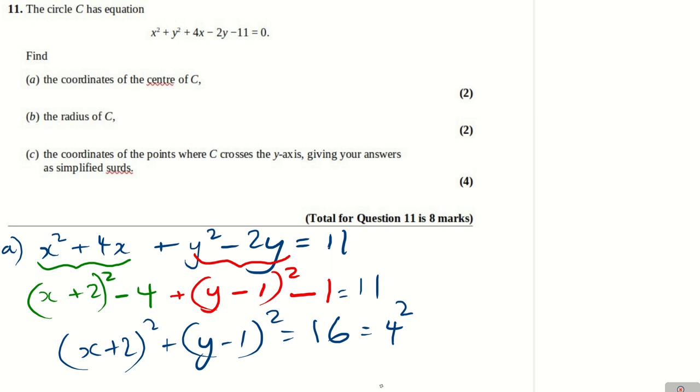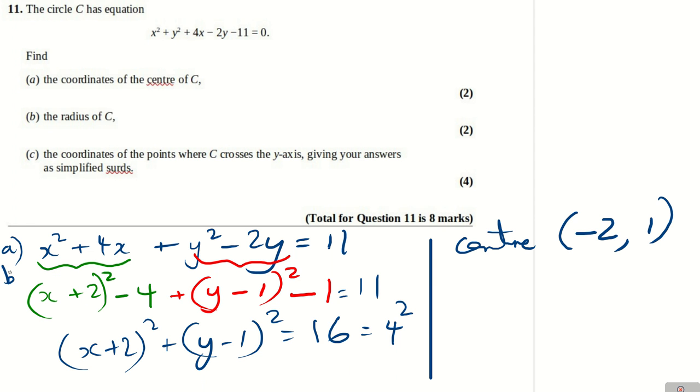And we can say straight away now, comparing that to the general equation of a circle, you can see that the centre is going to have to be minus 2 and 1, and for part B, the radius is going to equal square root of 16, or in other words 4.